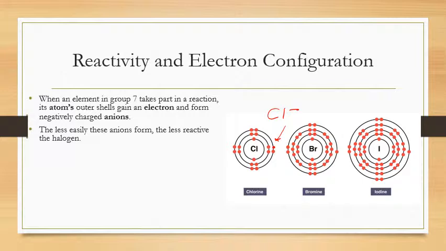We saw in the previous example that fluorine is really easily able to take an electron from the corresponding ion.